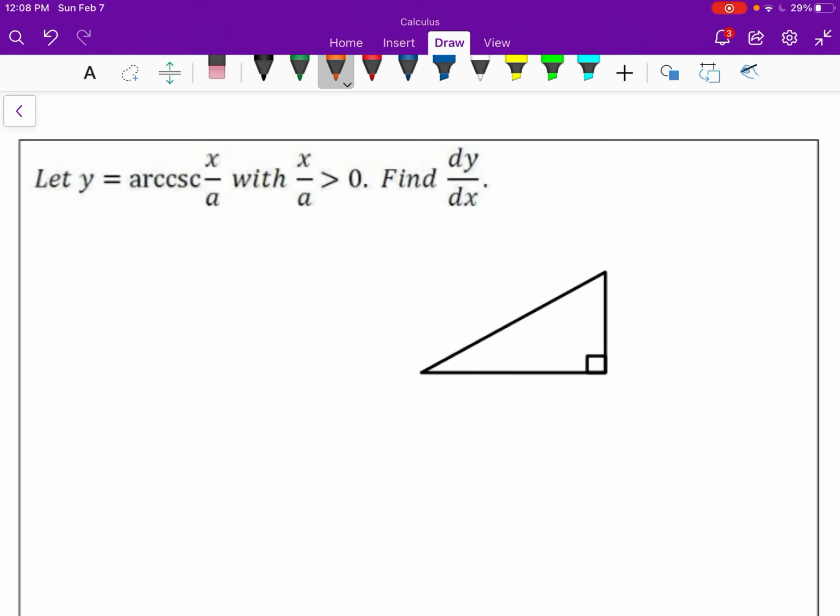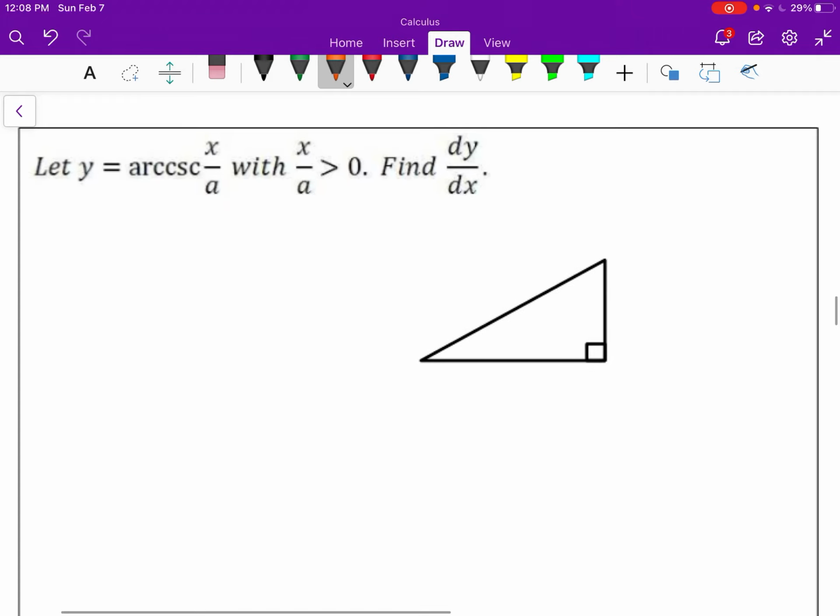We will look at one more because it's a little bit different. So we have arc cosecant of x over a. X over a has to be greater than 0. Find dy dx. So once again, we don't know the derivative of arc cosecant, so we're going to take the cosecant of both sides.